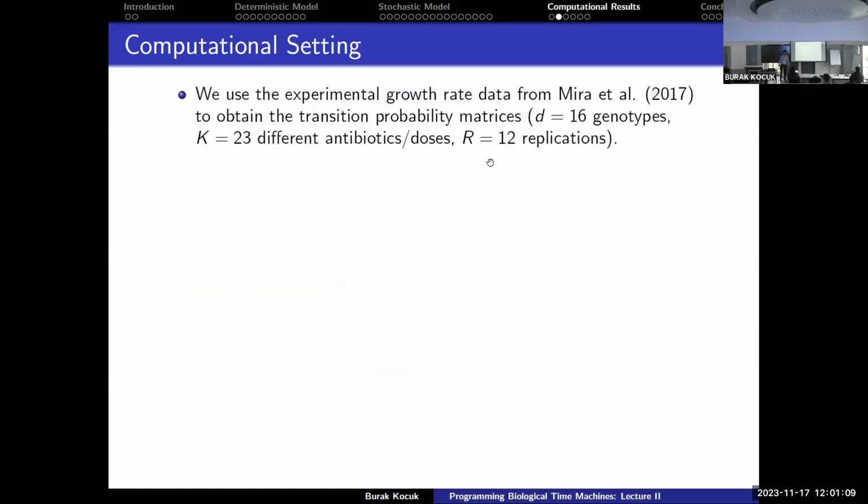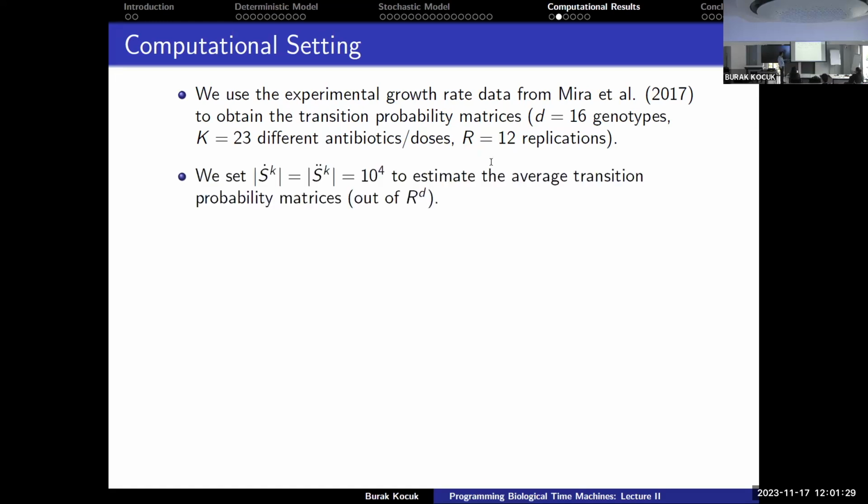Okay, so here is the computation setting. I think I mentioned these people have carried out all these experiments, reported them. So sometimes they even have replications of replications. They are crazy, I guess. So sometimes even they have 12, 24 replications. You will see that. And we just used 10,000 out of this.